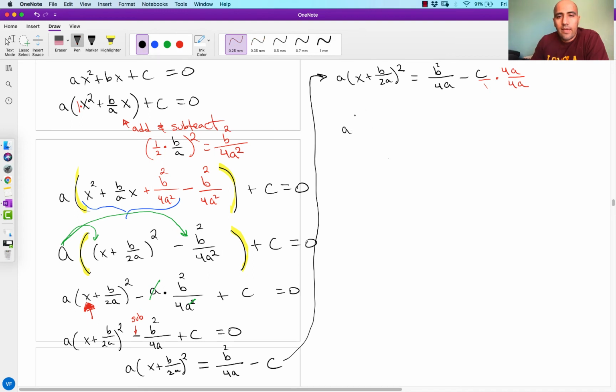So I'll end up with a parentheses x plus b over 2a squared is equal to b squared over 4a minus 4ac all over 4a.